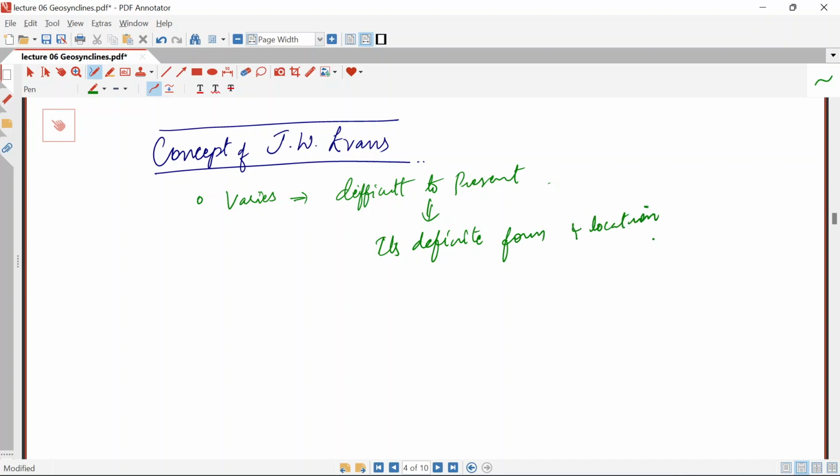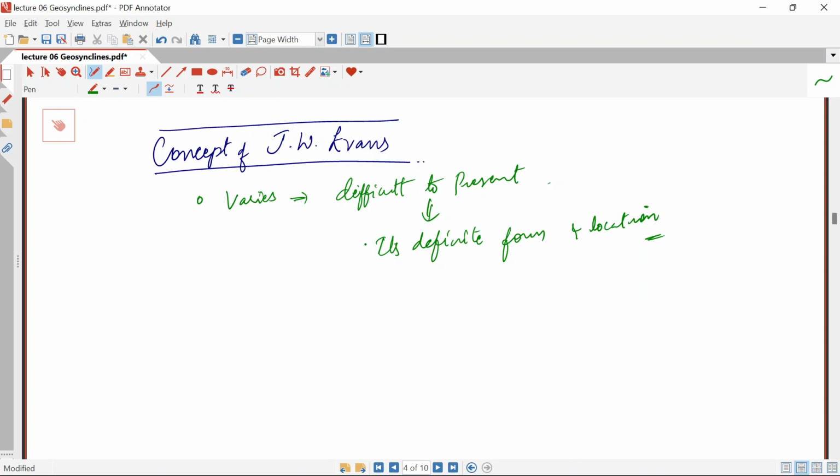So what he actually said is that geosynclines vary, that means they are not constant. So it becomes difficult to present their definite form and location. It is difficult for us to say where geosynclines existed and what their exact location was.